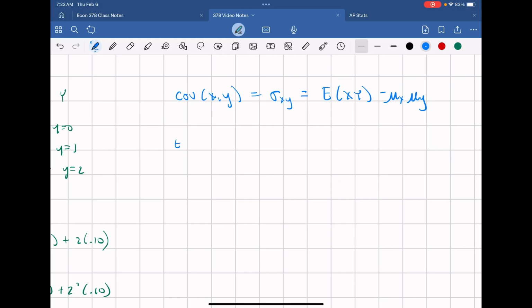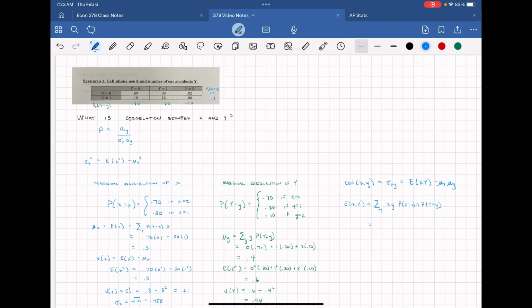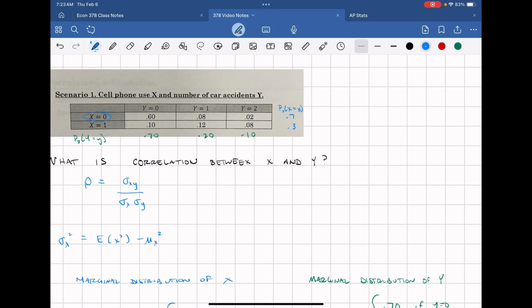So the expected value of xy is equal to, we're going to sum over the value of x times the value of y times the probability that X is equal to x and the probability that Y is equal to y. And this is going to come from our joint distribution. So this is equal to the value of x times the value of y times that probability.